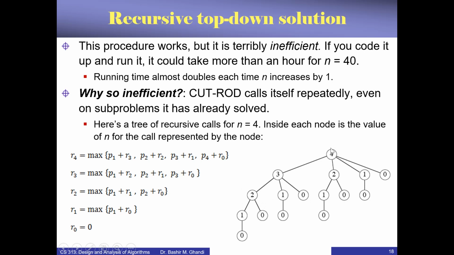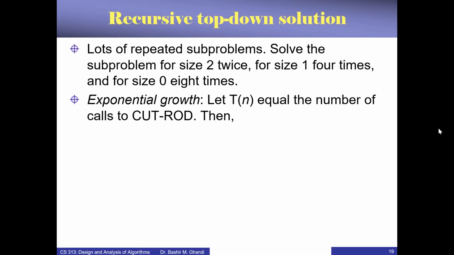So imagine this n is not 4 but 40. How many zeros are you going to have? How many 1s? How many 2s, and so on? So essentially the running time of this algorithm is exponential, just like the Fibonacci.